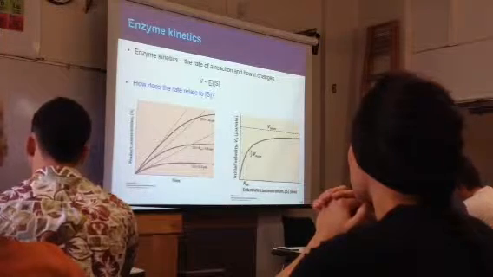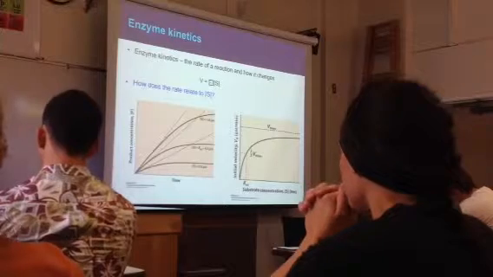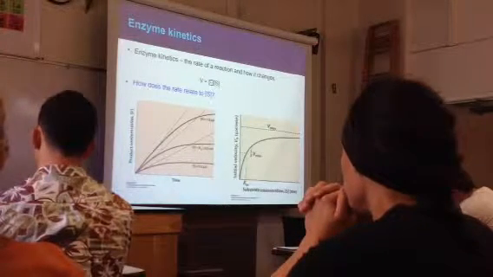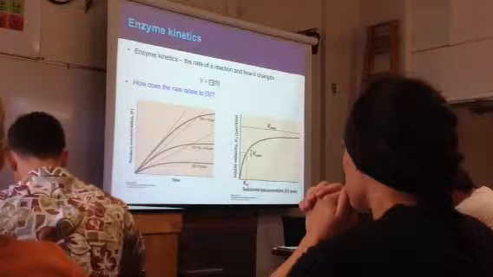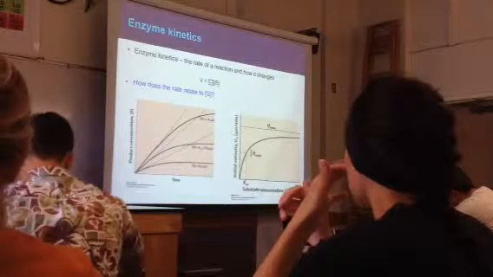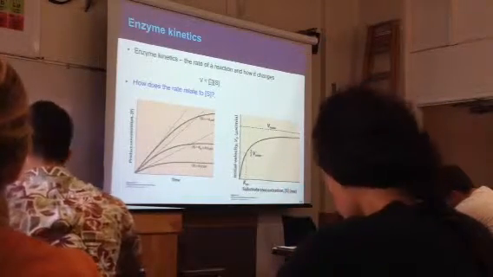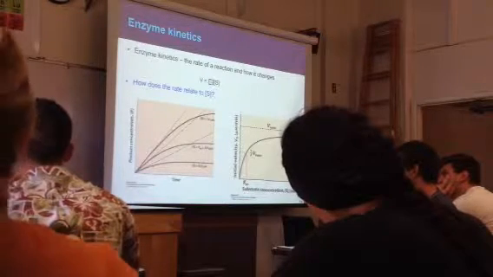So every time you look at an equation, it would be nice if you make that conclusion. How do those two relate? Directly or inversely proportional? In this case, the increase of substrate will lead to an increased rate. And we know that that's only up to a certain point. Right? Okay.